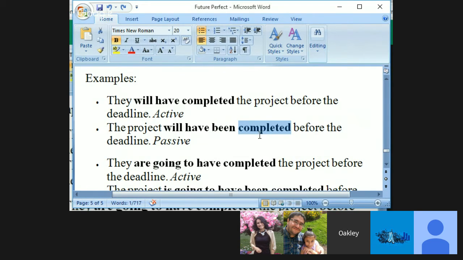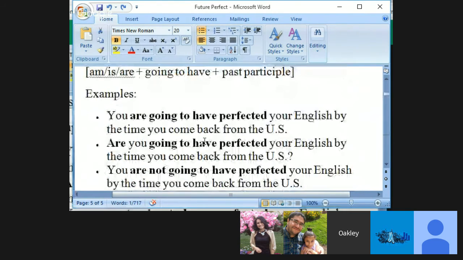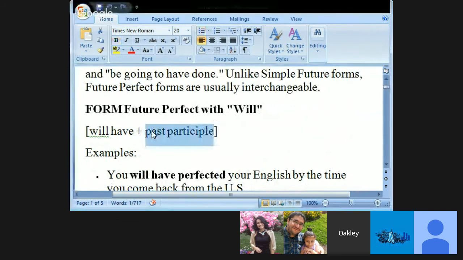Notice, if I take my main verb, my past participle, and eliminate that, and now I'm looking at "will have been" by itself, I would recognize that as, all the way back to the top, well, there it is: will have and the past participle of the verb to be.